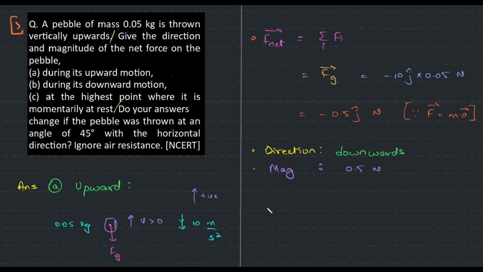Now, during downward motion, what will happen? It's the same funda. Just because the object is going up and down, the gravity will not stop acting on it, right? So it's the same thing again. Even though it's already gone up, it will continue to be so when it's coming down as well.